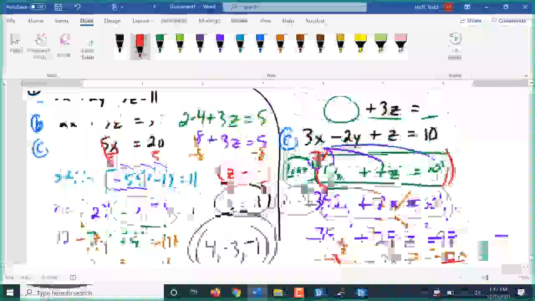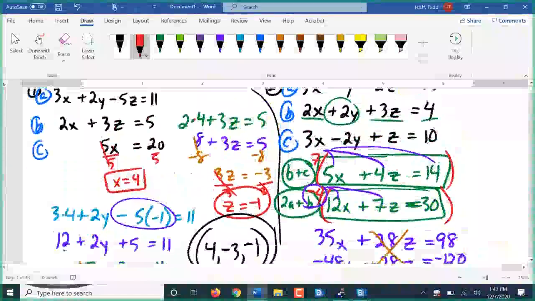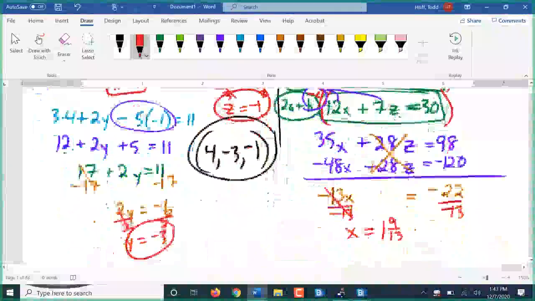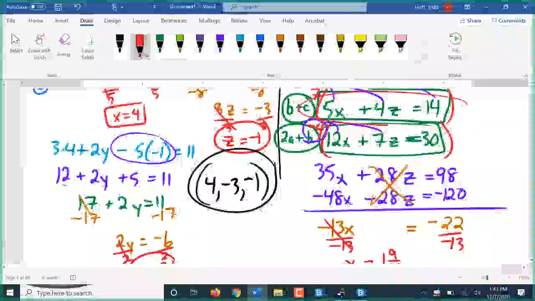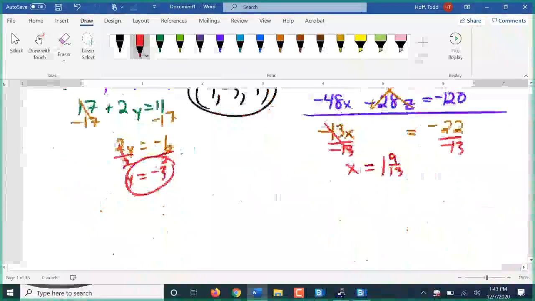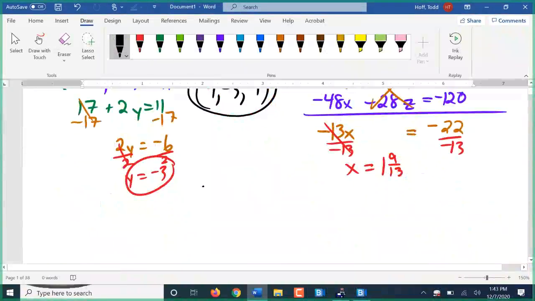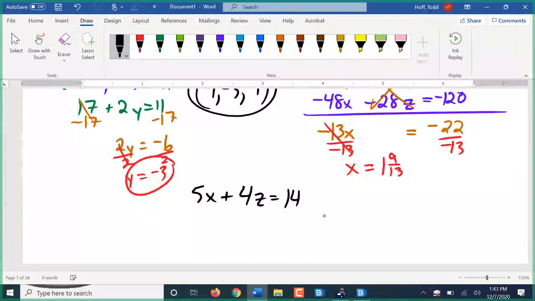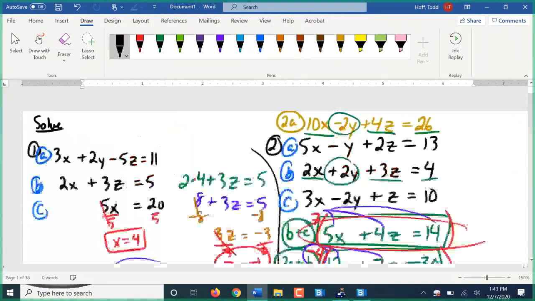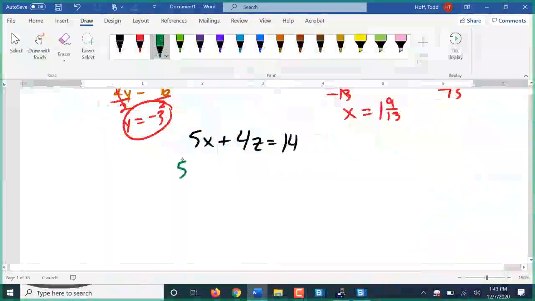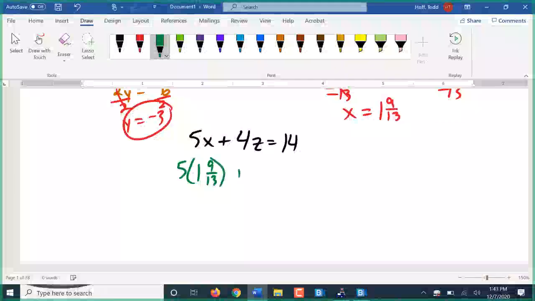Now we have to substitute that back up into one of the next equations. I'll put that into this equation here, the 5x plus 4z equals 14, and I'll solve that for z. So 5x becomes 5 times 1 and 9/13 plus 4z equals 14.